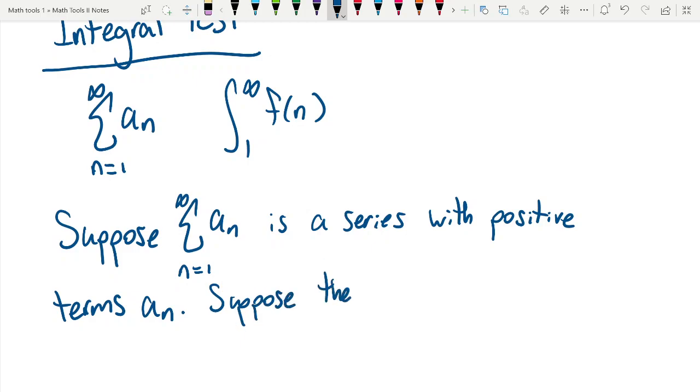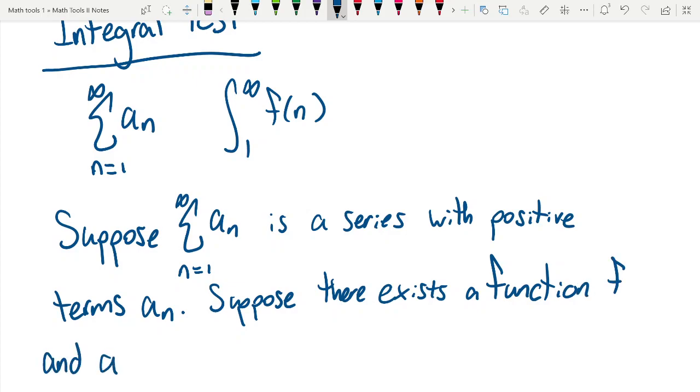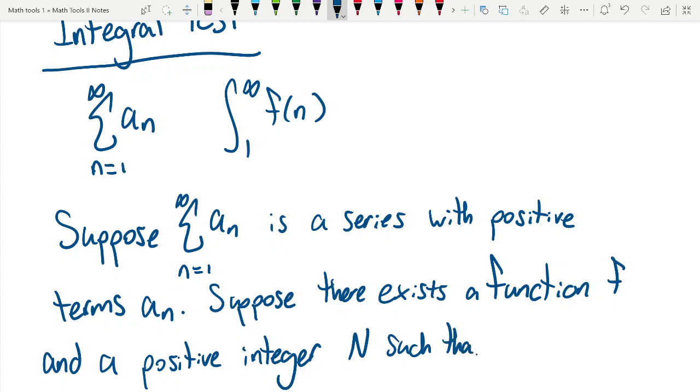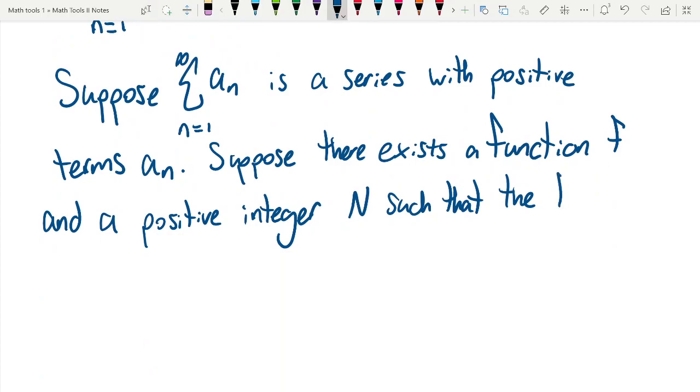Suppose there exists a function, call it f, and a positive integer capital N such that the following are true.